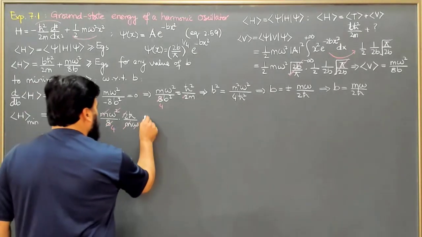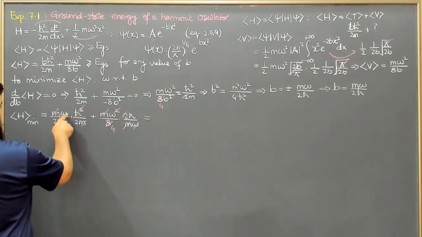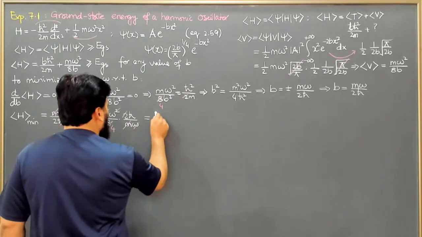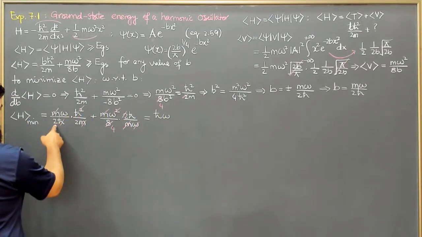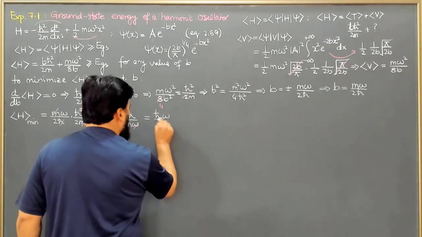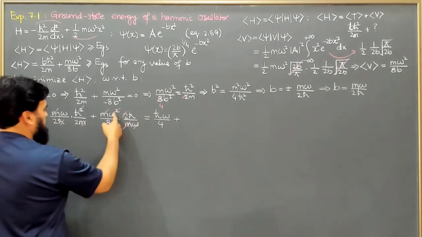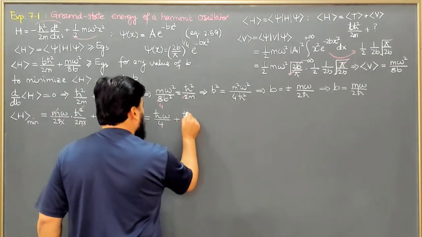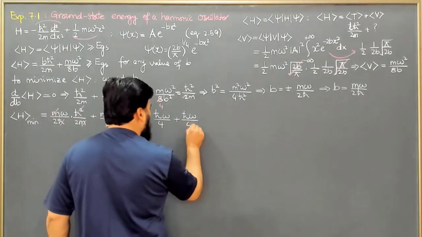So I have here ħ ω over 4 plus, here this is also becoming ħ ω over 4.